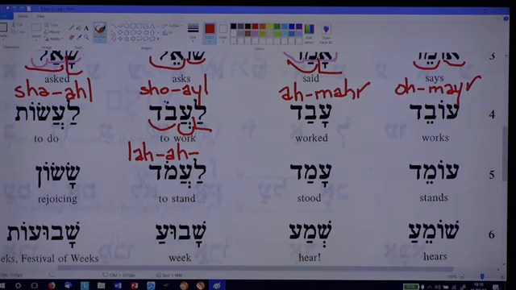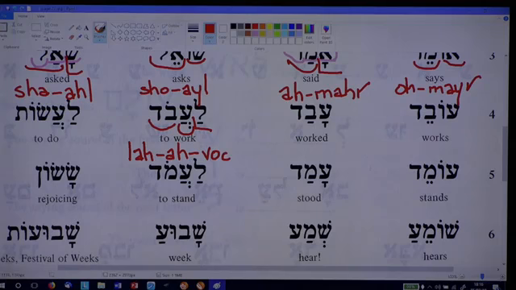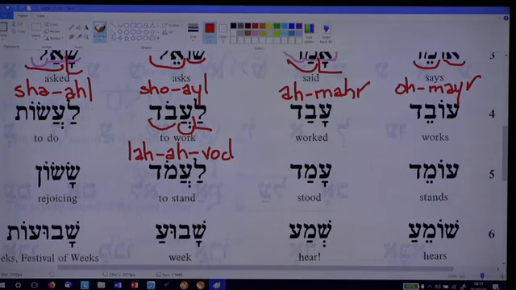And this kholam up here is pronounced as an O. Remember? It's the same thing as having a vav with the O, with that dot on it. So it's la'avod. La'avod. Okay.